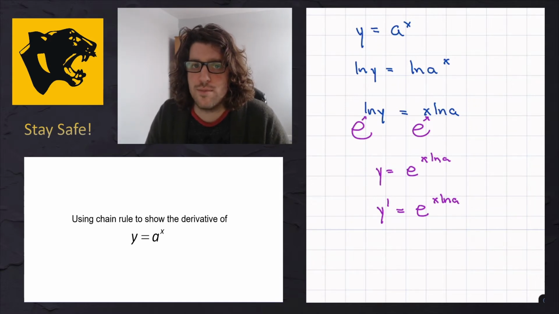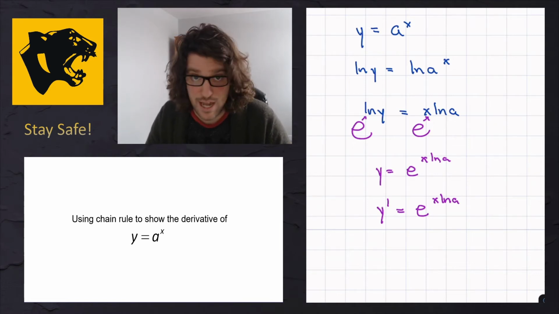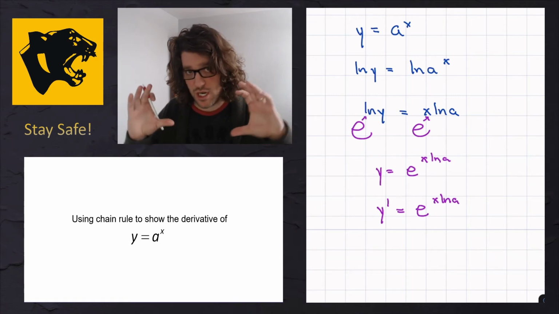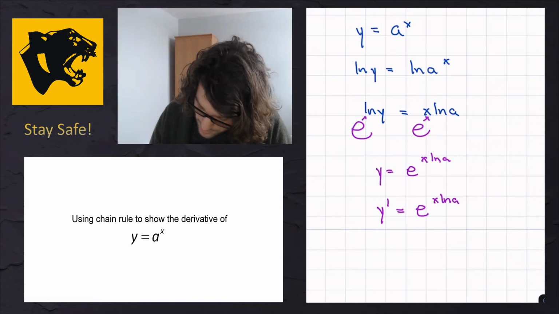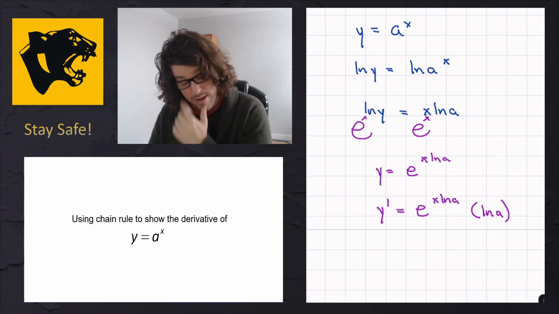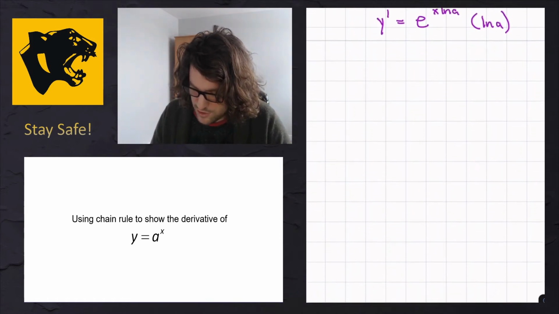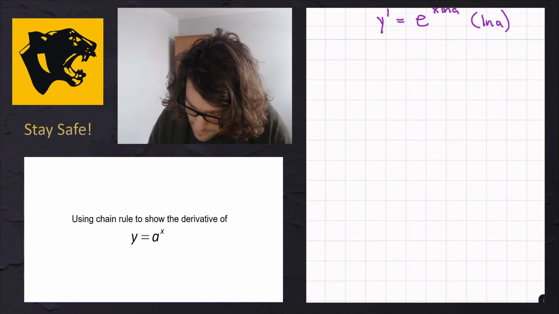That is not a logarithm of some changing value. It is the natural logarithm of the constant a. So that's just a number. And so we can think of it as just a constant multiplied by x. And so the derivative of a constant times x is just that constant. And so written out beside my exponential piece is the chain rule derivative of the inside, which just gives us the constant ln a.